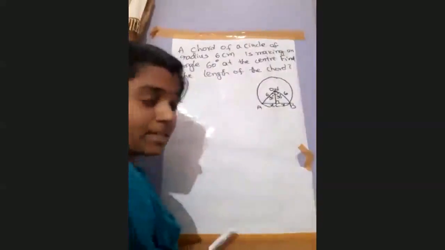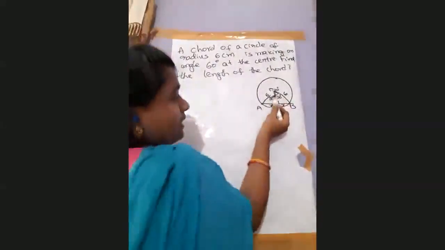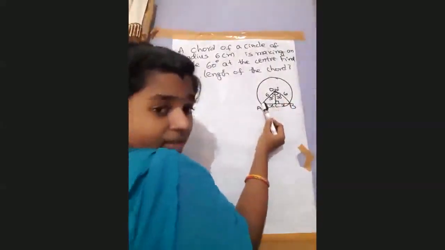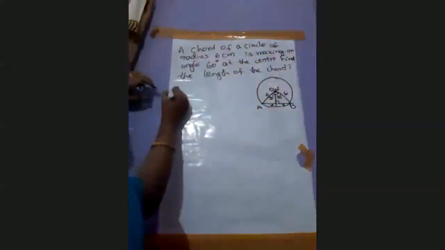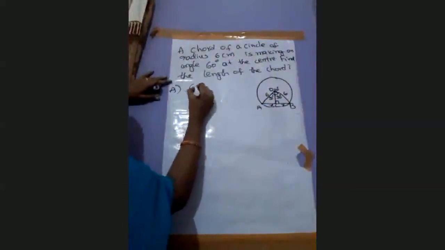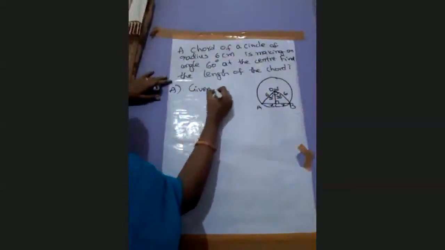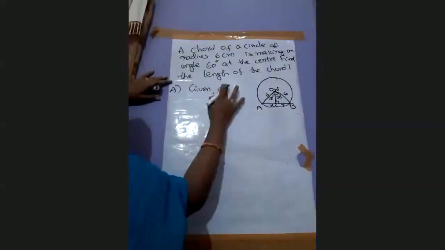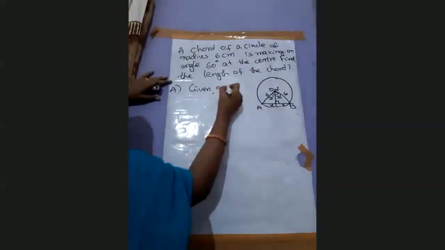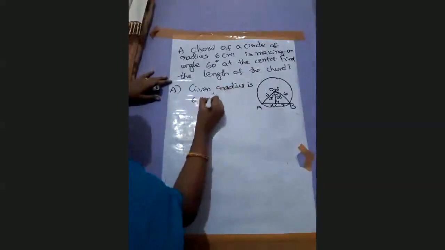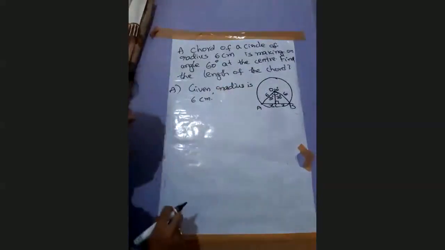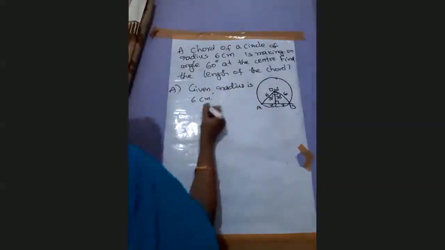So listen. This is the center and they given that the radius is 6 centimeters. So that's why here I can write OA and OB. So I can write here, given radius is 6 centimeters, right? So this is the given data, 6 centimeters.